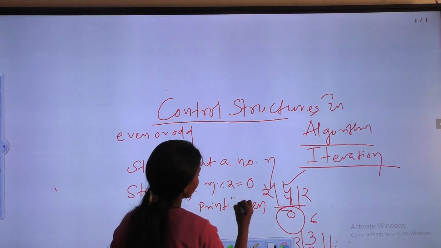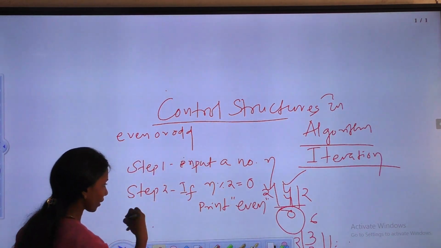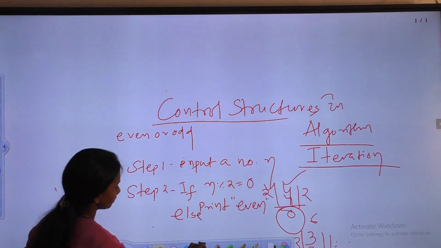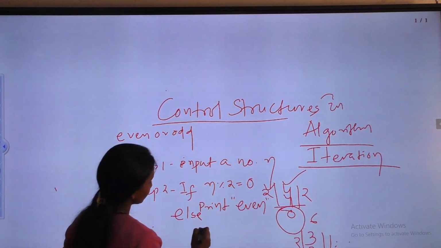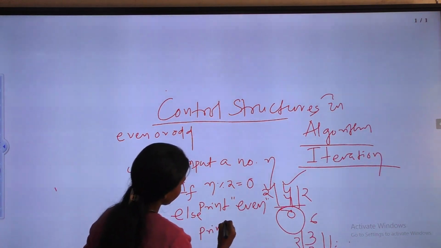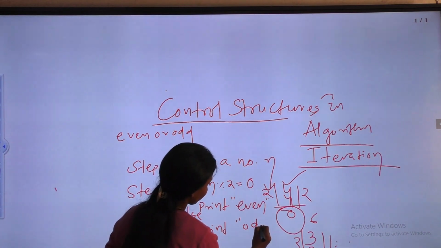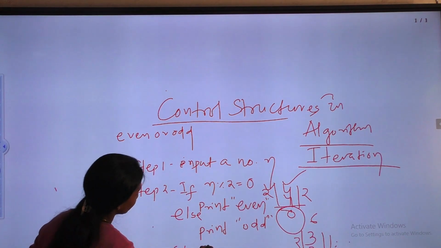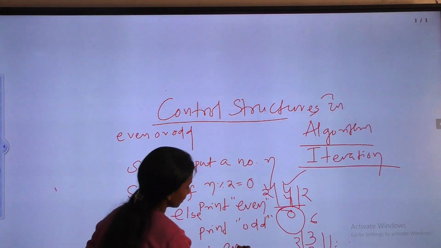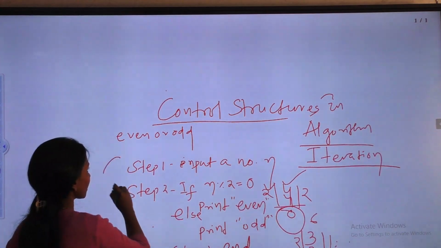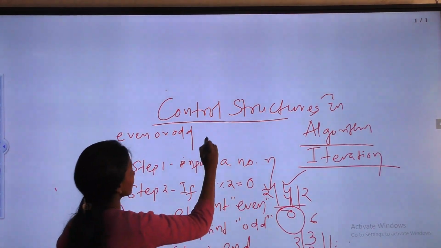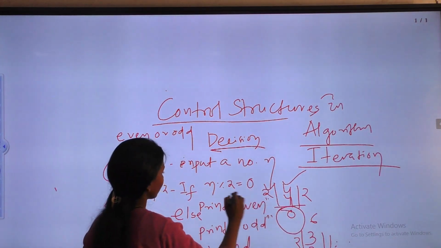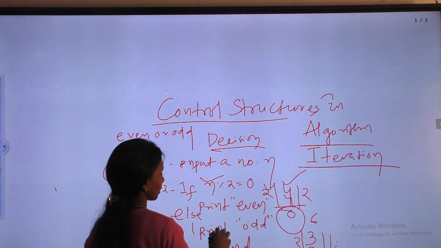If I am using an else statement, then I write else, print odd. Then step 3: you must end this. So this is the decision making step. You are taking the decision whether the number is odd or even.